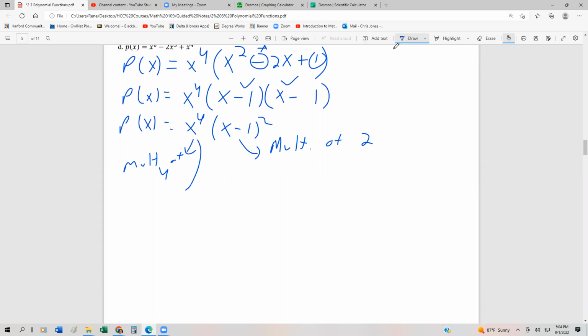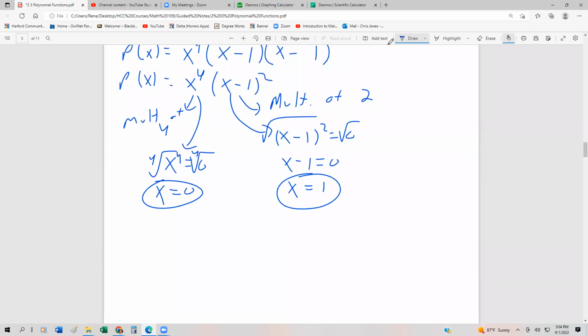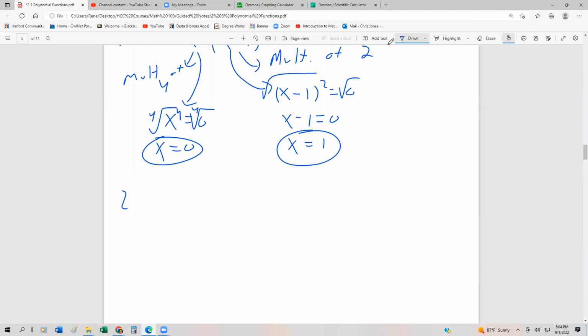Now we set them both to 0, so x to the 4th equals 0, and x minus 1 squared equals 0. If we take the 4th root of both sides, we still get 0, so x equals 0. And over here, we take a square root of both sides, x minus 1 equals 0, and then we add 1, so x equals 1. And keeping in mind the multiplicity, our two zeros are x equals 0 and x equals 1.